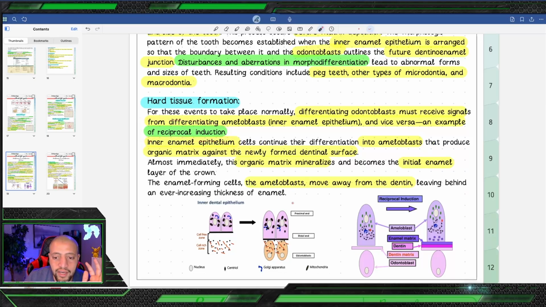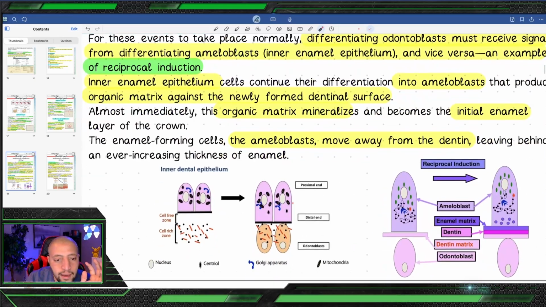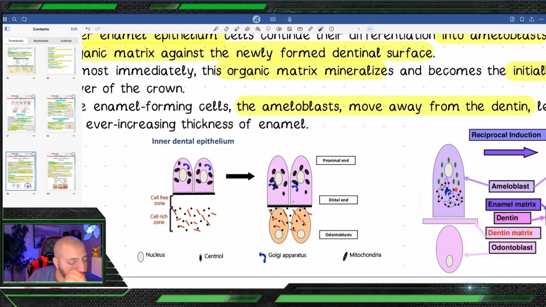So let's discard the English now and see it in a picture so you can understand it. In this enamel organ, we have inner dental epithelium. In this inner dental epithelium, we have cells here, and then we have a cell-free zone, and then we have a cell-rich zone. This is how we start in the early bell stage.